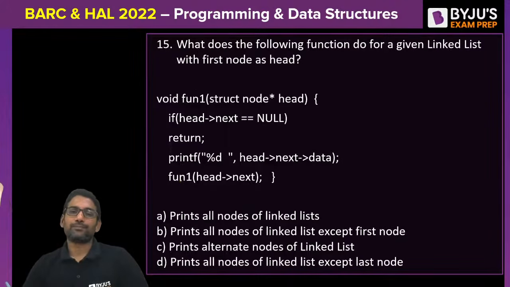Okay. Last question. What does the following function do for a given linked list with first node as head? Given the function, options: prints all the nodes of the linked list, all nodes except first node, alternate nodes, all nodes except last node.